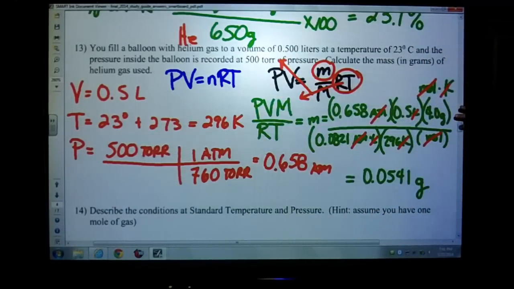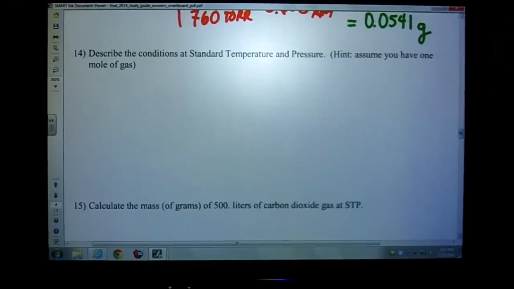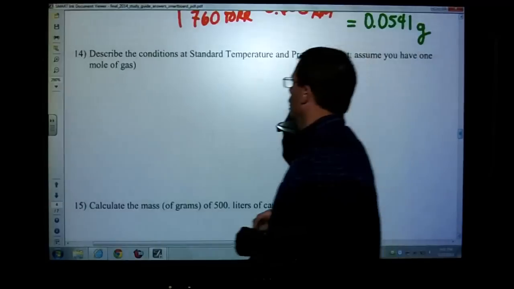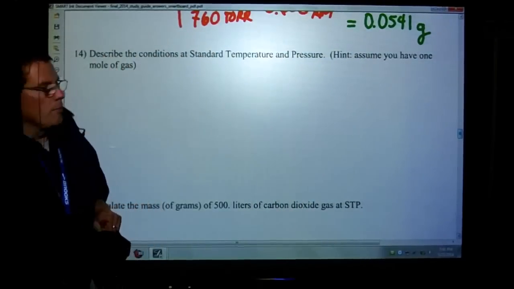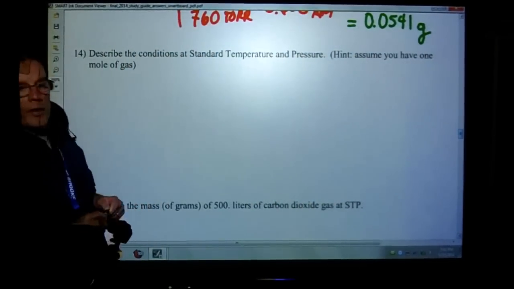All right. Number 14. Describe the conditions at standard temperature and pressure. And it says, assume that you have 1 mole of a gas.